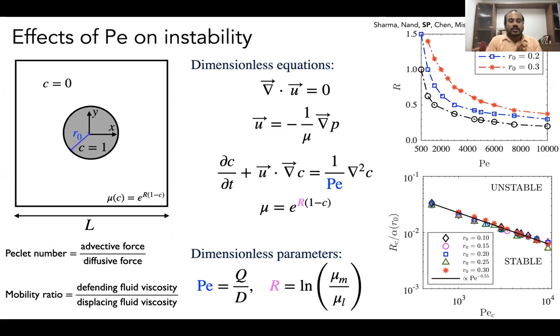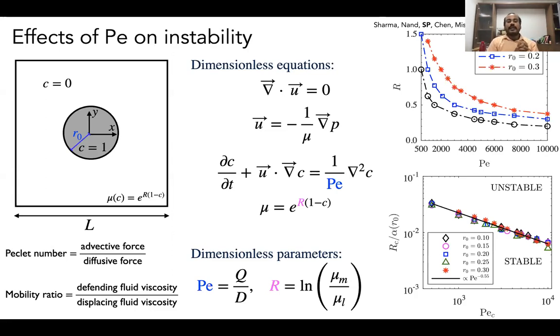So all the region below the lines is stable, and above it is unstable. What it says is that if we start with a smaller region of the displacing fluid, R0 equals 0.1, which is the line with the black symbols, the instability region is much larger compared to if we start with a radial position R0 equals 0.3. Why is this happening?